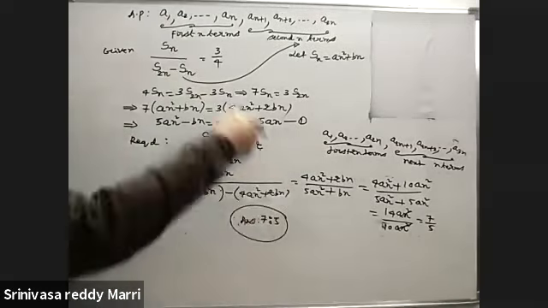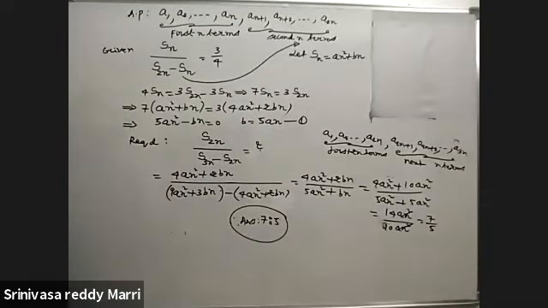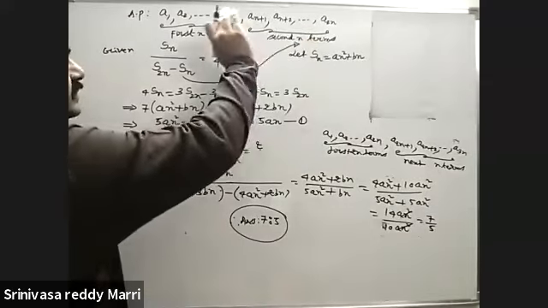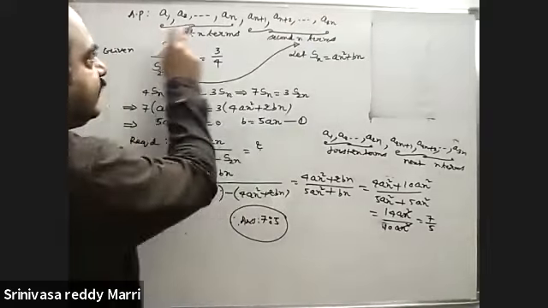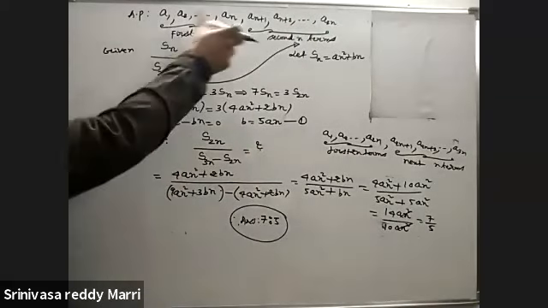Like that, the approach will be easy. For the second n terms, the next n terms, what we will do is calculate the sum from the starting and then subtract the first sum, whatever it is.